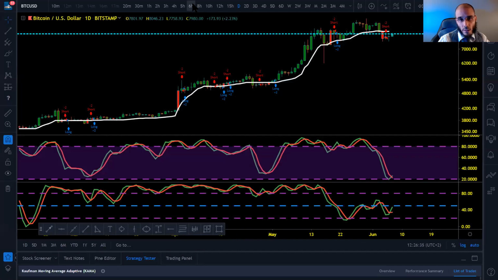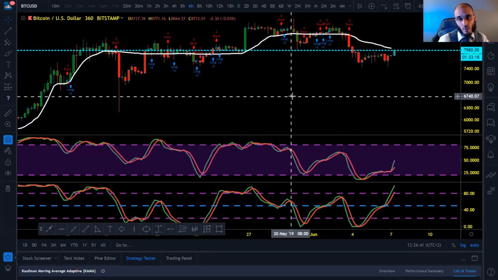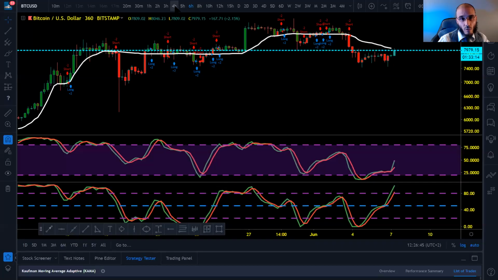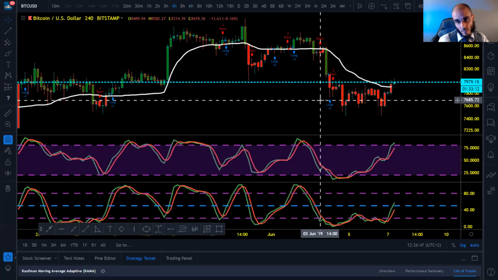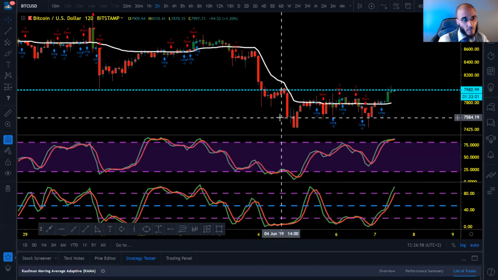We'll look at the 6 hour chart. It's negative. We'll look at the 4 hour chart. It's positive. So that changed. Yesterday it was negative, but today it's positive. And we'll end with the 2 hour chart, which is positive too. Yesterday it was positive also.